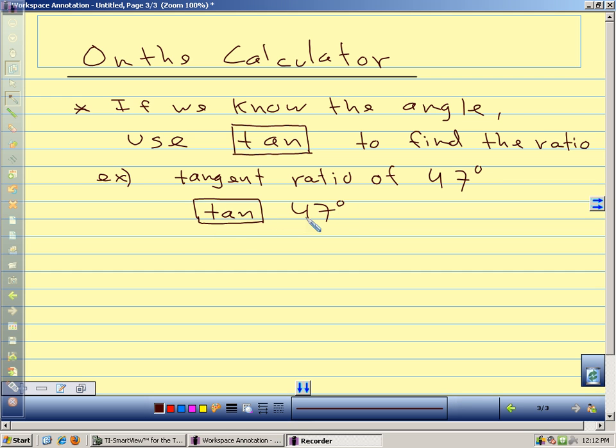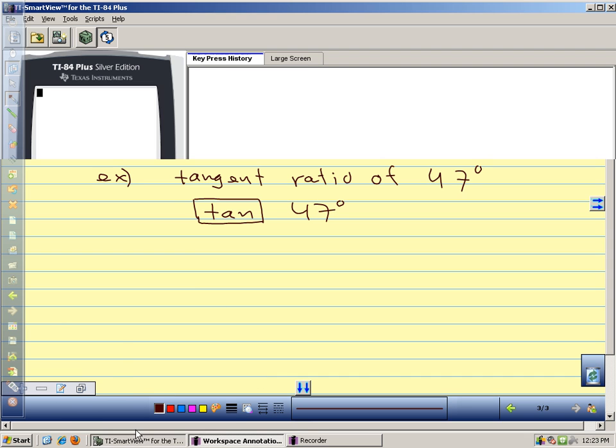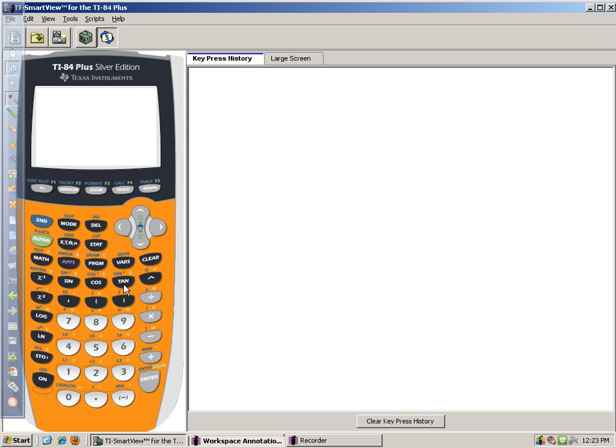Now, some calculators are different. What I have here is the TI-84. Most of the Texas Instrument calculators are going to be similar to this. I'm going to use the tangent button, which is right here on this calculator. Tangent of 47 equals 1.07.